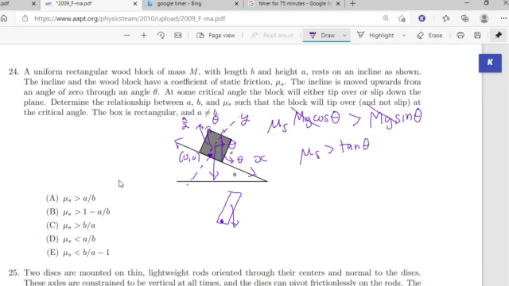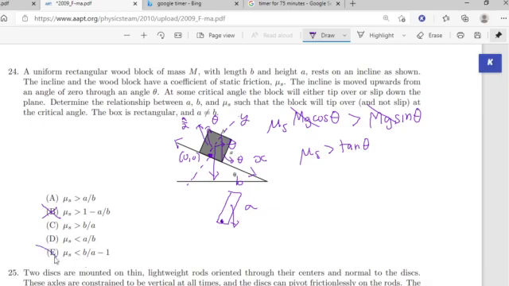So let's use process of elimination here. For it to tip over, it has to be like this, where A is significantly greater than B. So this would be negative, first of all, so that's not right.